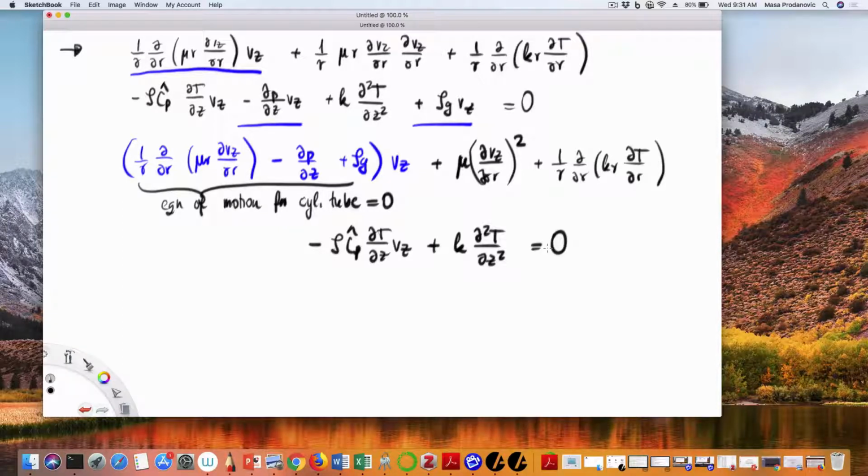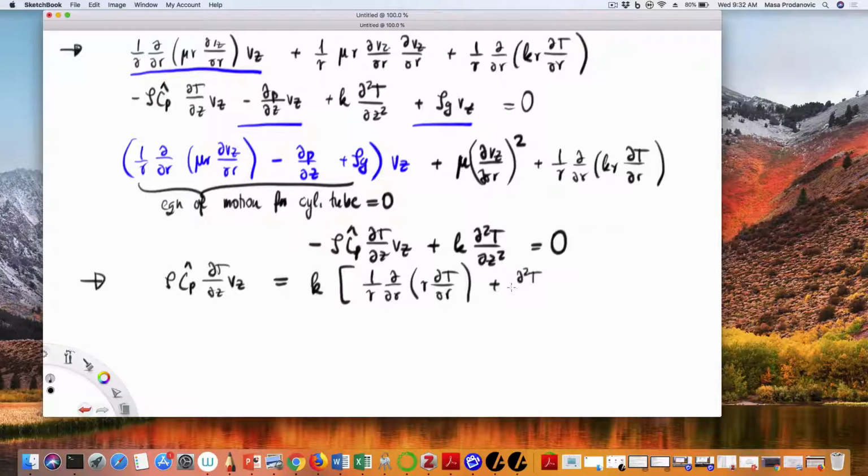So this is what we are left with. I'm going to write it as follows: rho Cp dT/dz Vz. I'm going to put that to be positive on the left hand side, equal to stuff that is multiplied by k: 1 over r d/dr of r dT/dr plus d squared T/dz squared.